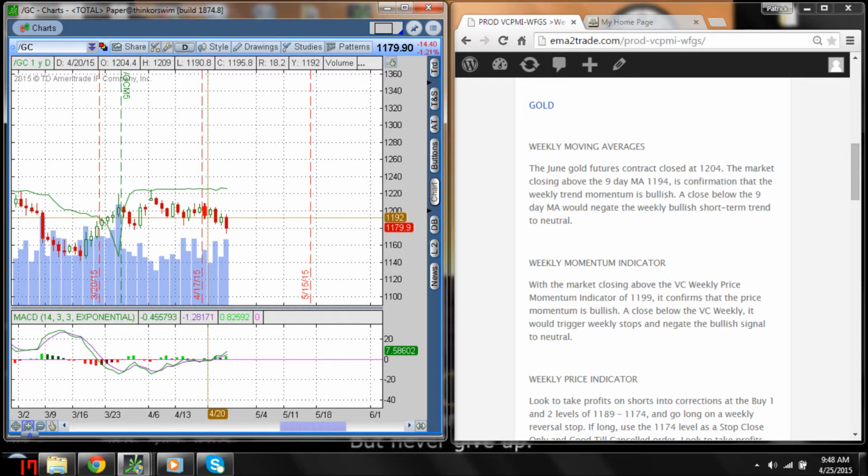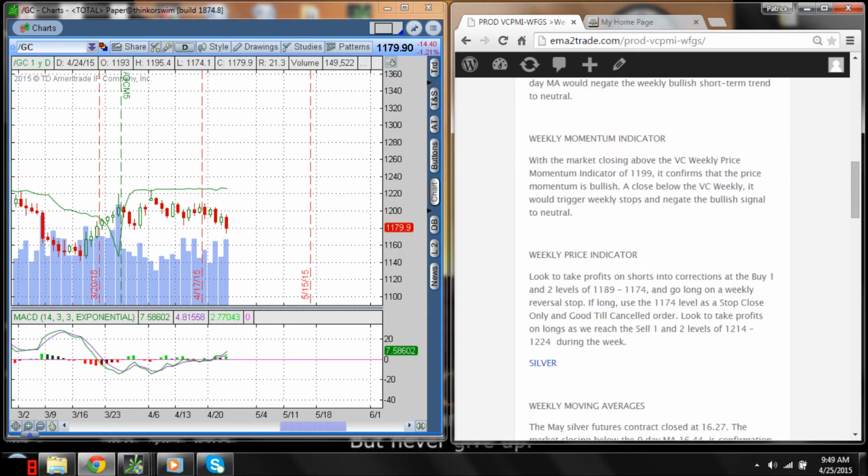It was still slightly bullish, but the following day, which was on the 21st, it closed at 1192.50, and that negated this bullish trend, and it activated the code below, which is the 1199 as well, by closing below. So it closed below the 9-day moving average, and it closed below the pivot point for the week, which is 1199.